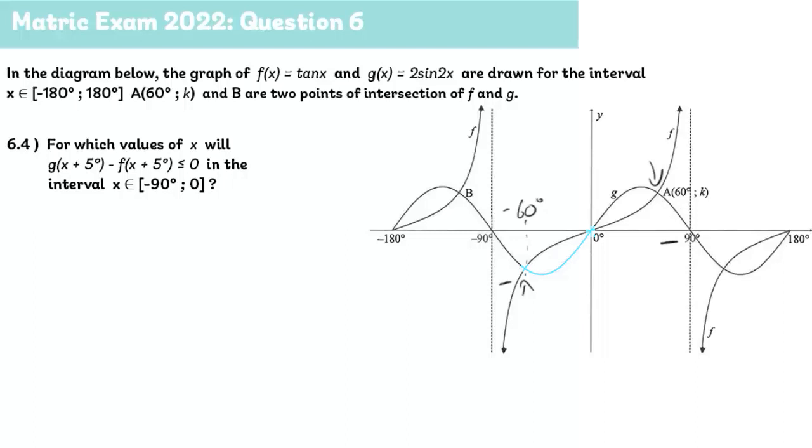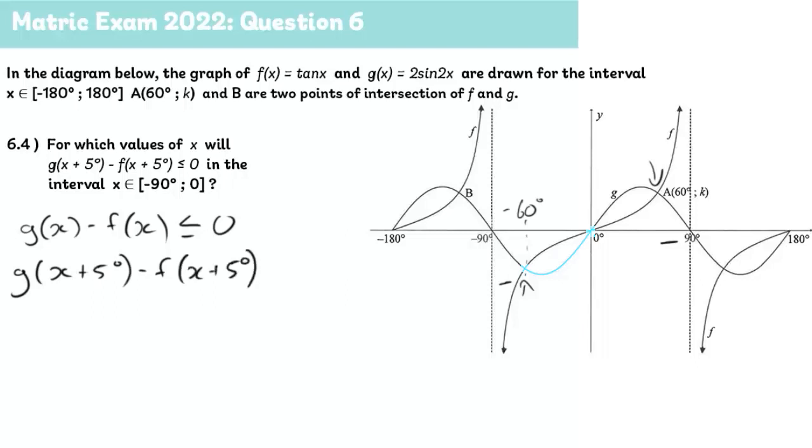So originally, when I tackled the problem, I went g(x) - f(x) is less than or equal to 0. What they've now done is made it a little more complicated by adding 5 degrees: g(x + 5°) - f(x + 5°) is less than or equal to 0.